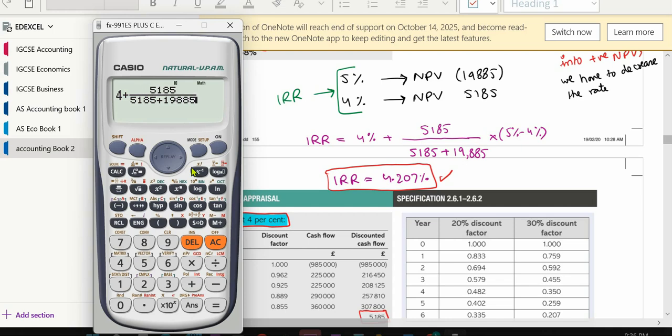Then we press the right key to move forward, multiply by, and put a bracket, 5 minus 4. Then close the bracket, press equal, and here is your answer: 4.207. This is the exact answer, 4.207%.